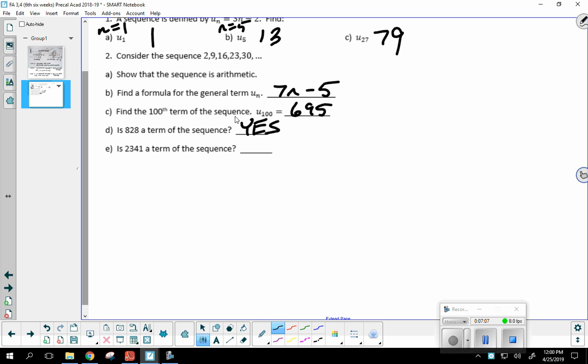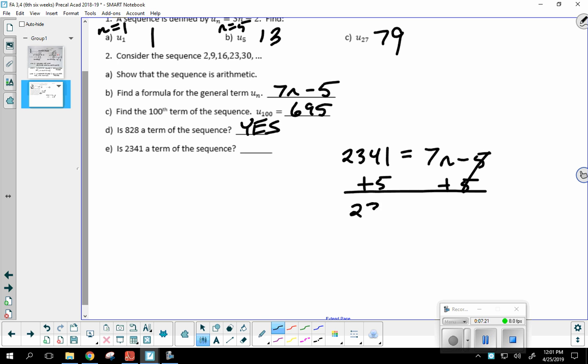Well, let's do the same thing for the other one, 2341. 2341 is equal to 7n minus 5. I'm going to add 5 to both sides, so those cancel. So 2,346 is equal to 7n. Divide by 7.